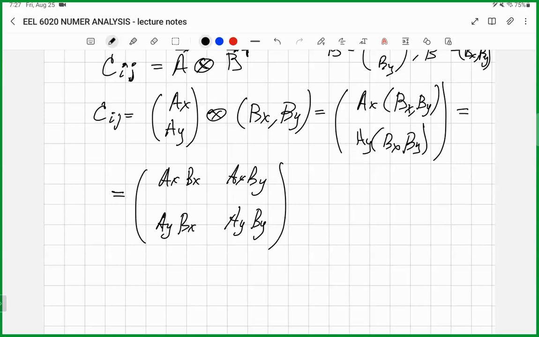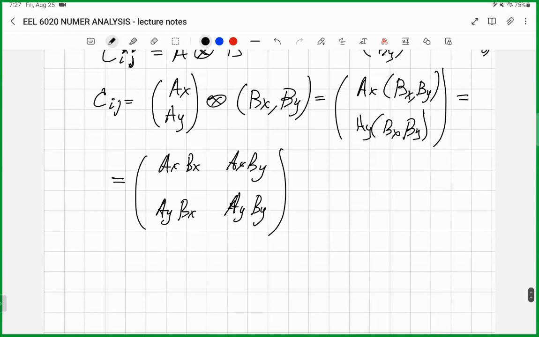So from two vectors, I've got a 2 by 2 matrix. If I had two vectors of 3 components, I would get a 3 by 3 matrix with multiplication of all the corresponding components. There is a theorem that says this dyadic product gives you a tensor as a result. So of course, this is the tensor.